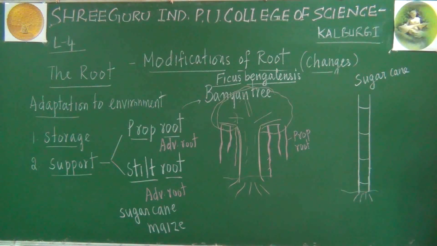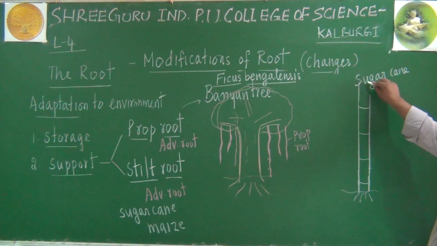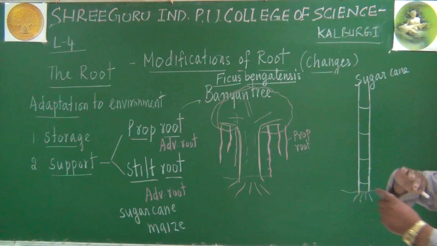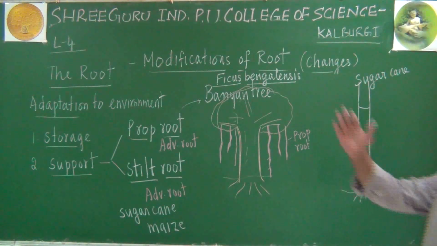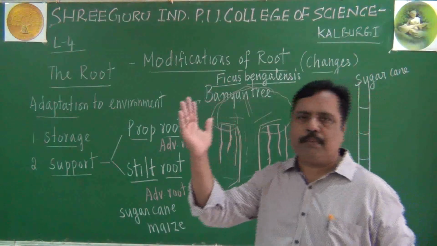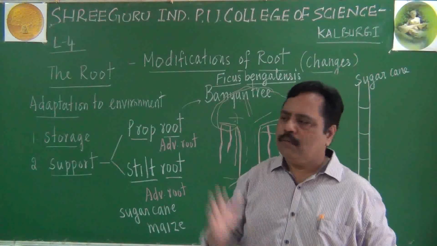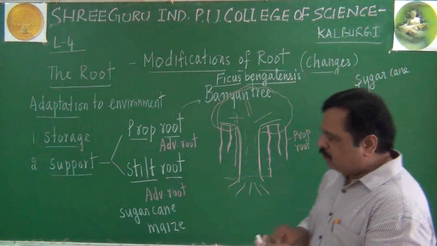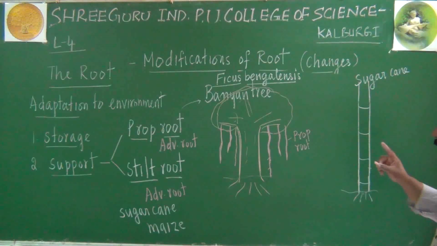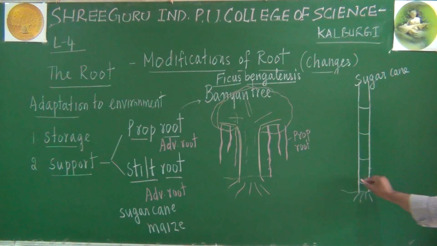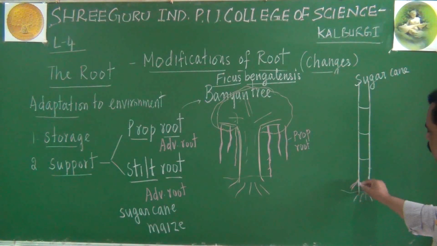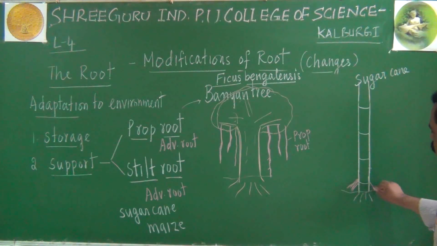What happens in this sugarcane means, when they grow further and further, when they increase more and more in length, to support that length so that the plant should not fall down, for protecting that plant, there will be supporting roots arising from proximal nodes like this. From the proximal nodes, we will come across thread-like roots here.